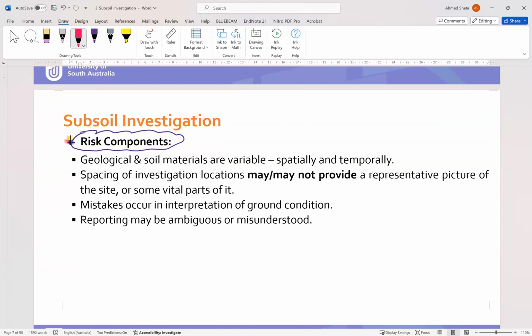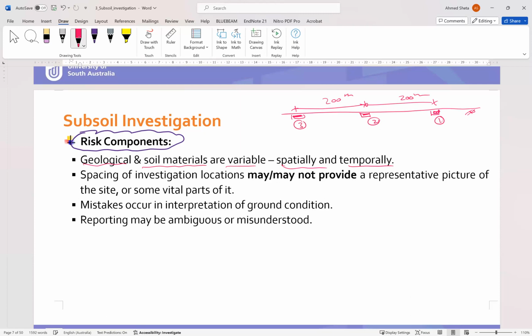What are the risk components we are facing in subsoil investigation? Geological and soil materials are variable, spatially and temporally. For example, if you have a wide area like this and you take soil samples, let's say each 200 meters, you have 1, 2, 3 samples.